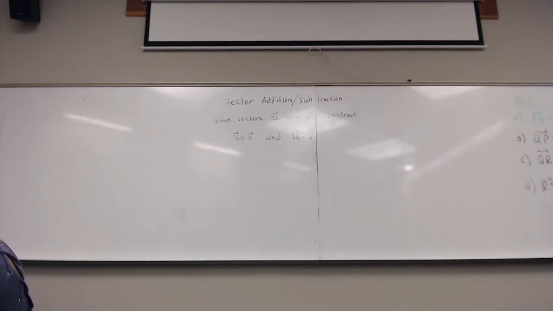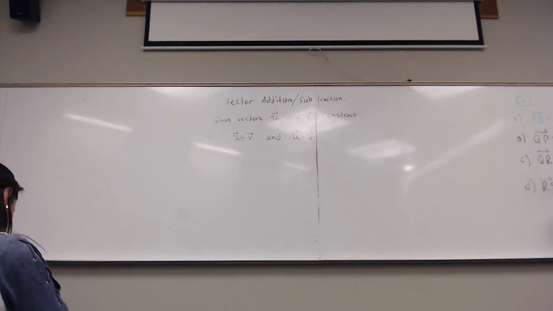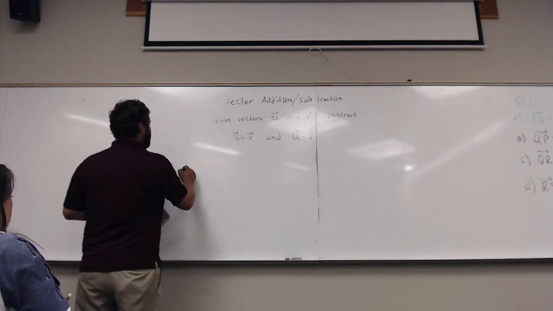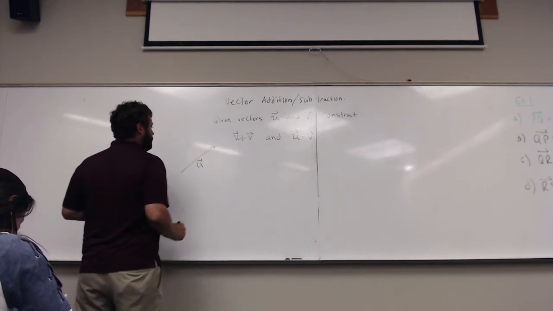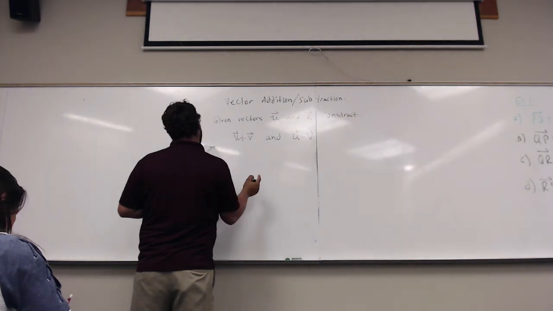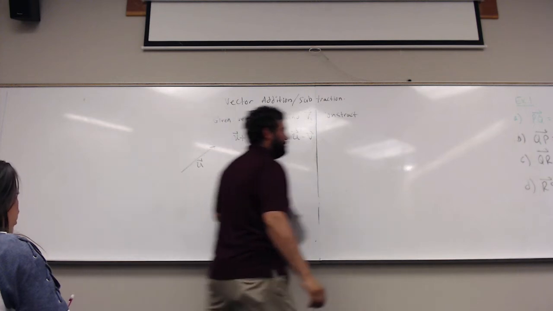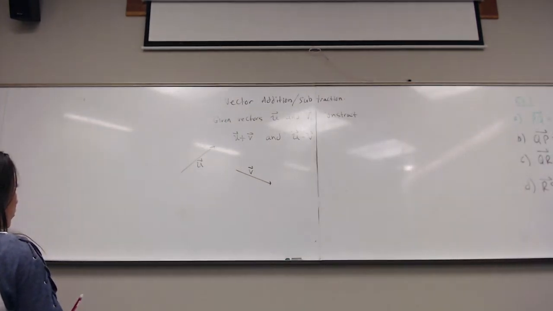The benefit of adding vectors: if you're in a physics class working with forces, your forces are represented by vectors, and sometimes something acting on an object might be a combination of forces, so you might have to add several vectors together. I'll draw a picture for u and v. Let's say this is u, and this is v right here.